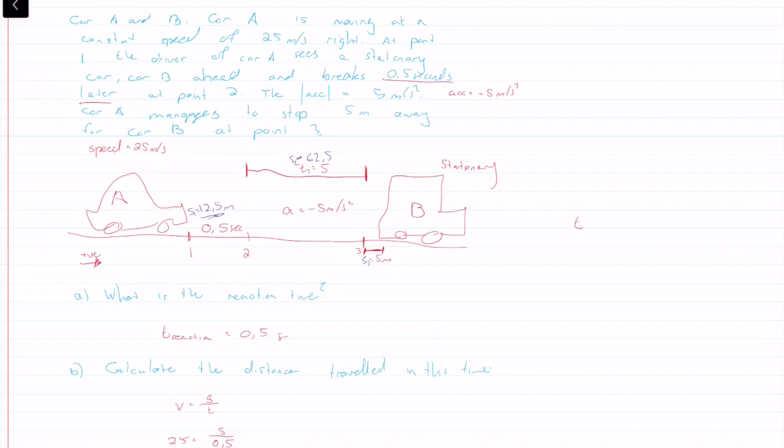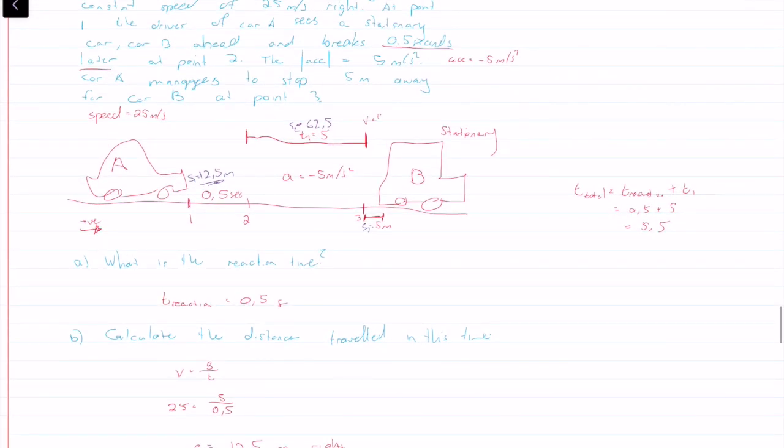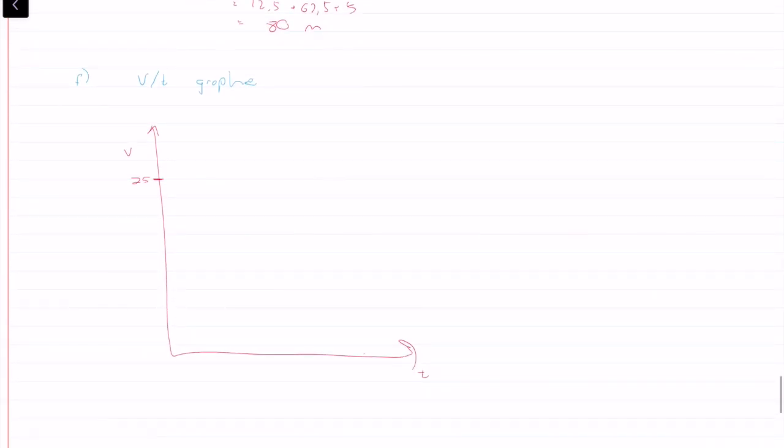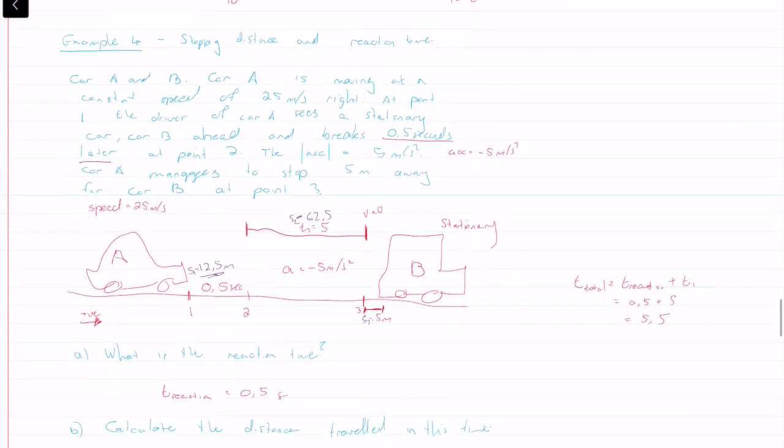So t total was equal to T reaction plus T1. So T reaction was 0.5 plus T1 is 5 seconds, so our total time is 5.5 seconds. So at 5.5 seconds, the vehicle is at rest, and we know that for the first 0.5 seconds, we are at a constant velocity.